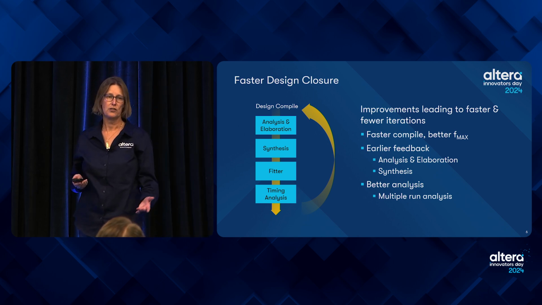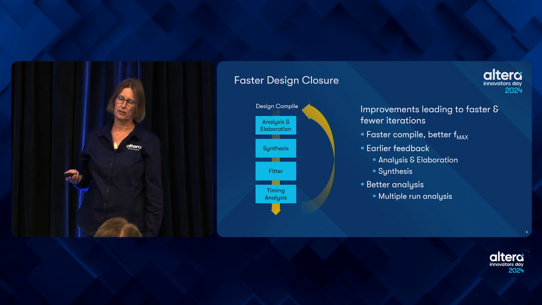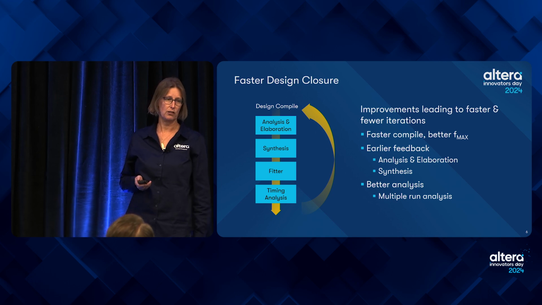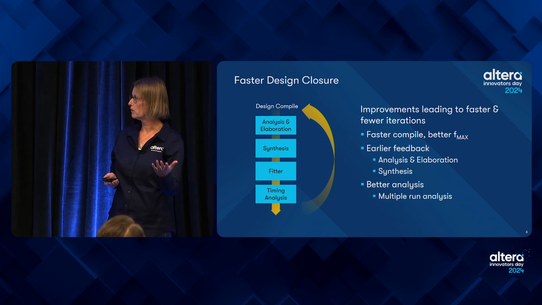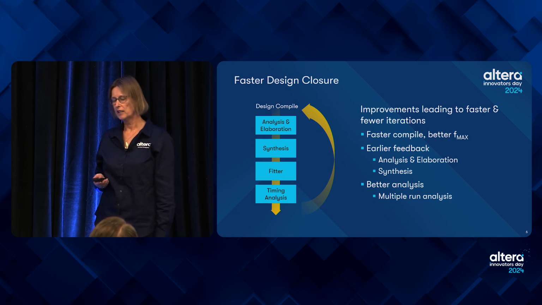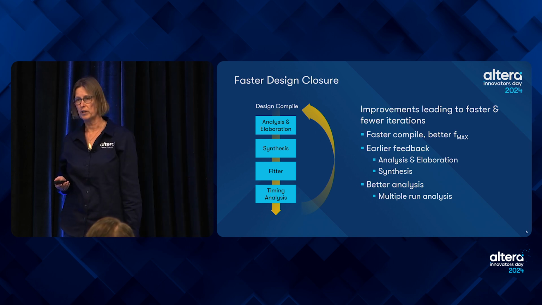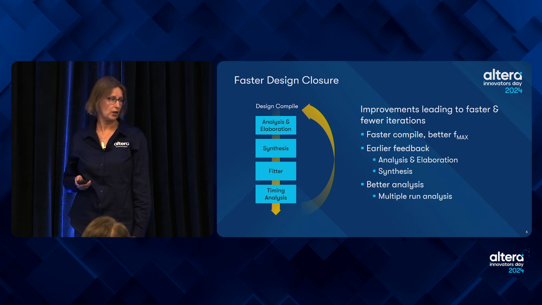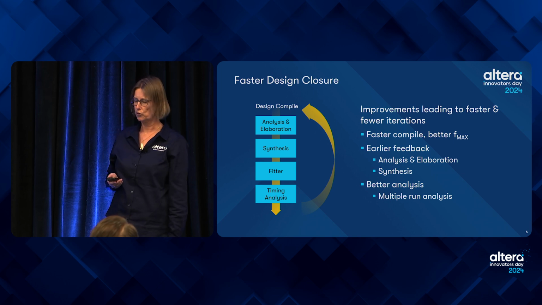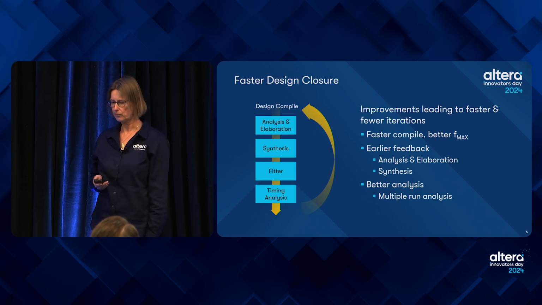At the end of synthesis, the netlist is mapped to primitives that can go on the chip. And the fitter will take this netlist of primitives and place and route it. So it places all these primitives at locations on the chip and routes all the connections between them. While it does that, of course, it tries to meet all your timing constraints as much as possible, and tries to reduce the logic utilization, power, and those kinds of things. So a lot of optimization goes on during that stage.